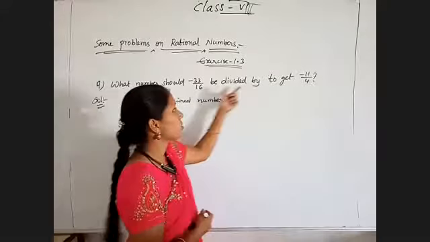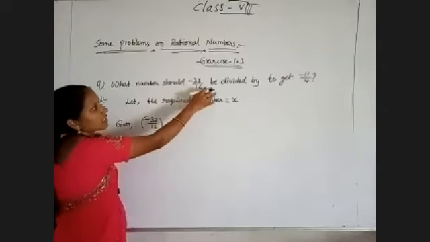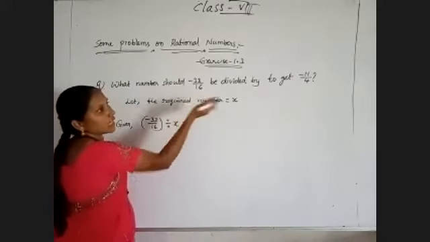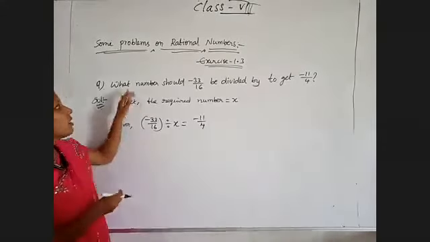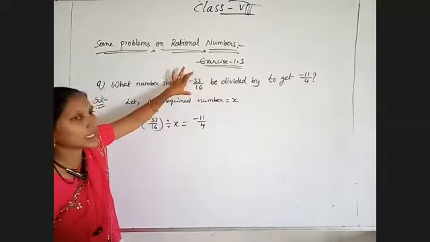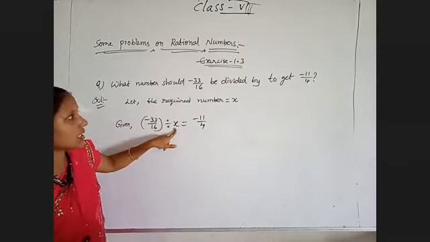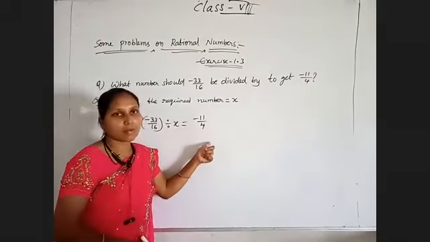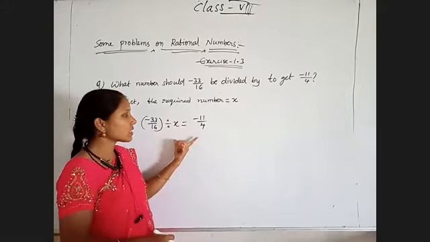So the statement I am reading, observe: minus 33 by 16 must be divided by the number, that is divided by x, to get the answer as minus 11 by 4. So like this we need to understand the statement first.